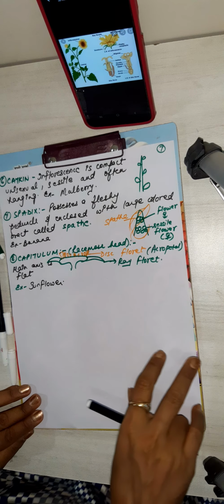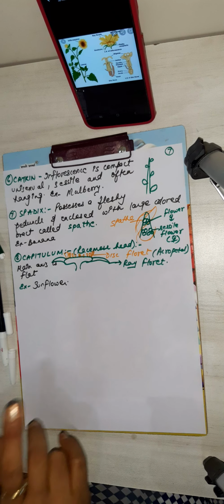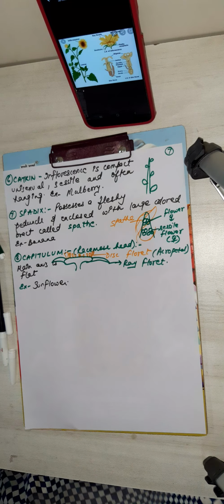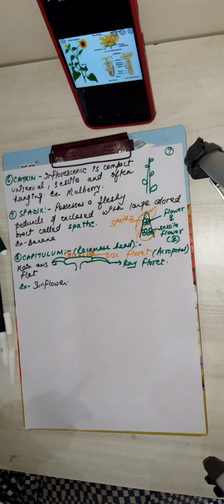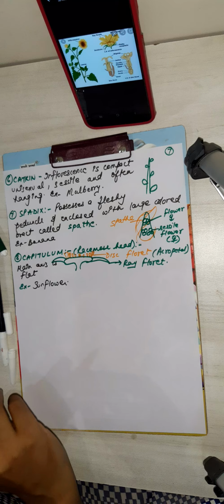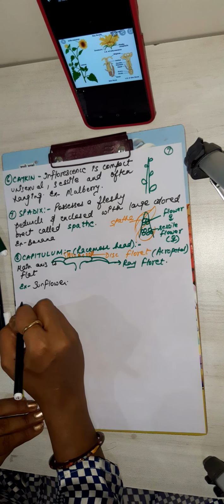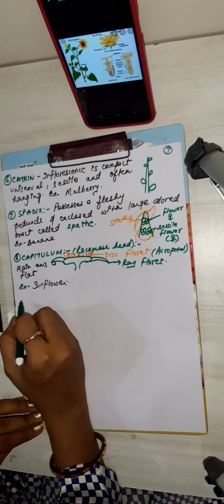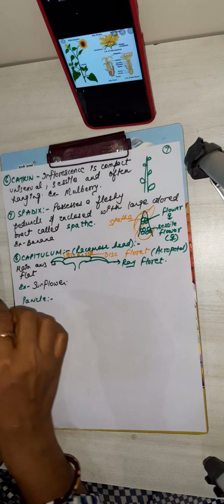So students, this is all about the inflorescence. One more point in raceme. Compound raceme, I have to tell you, panicle. This is a part of raceme.